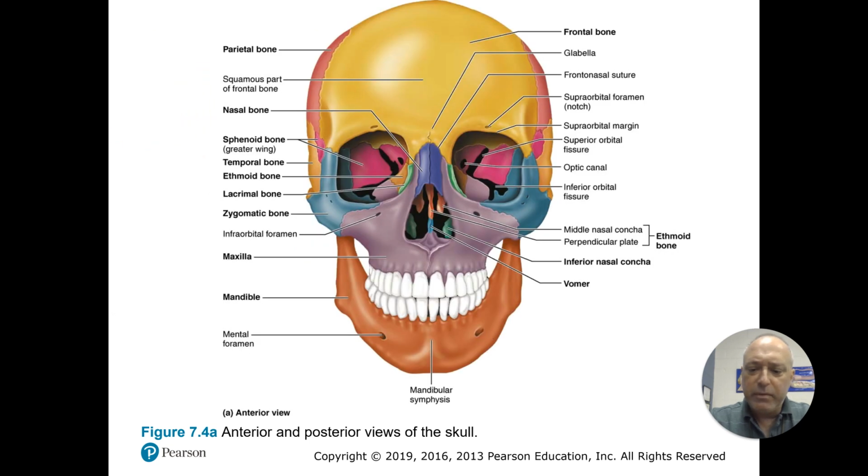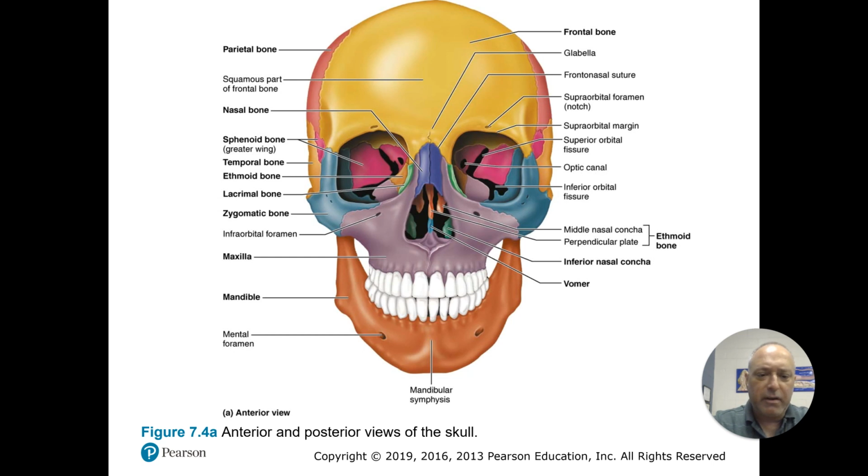Okay, we go back to the anterior view of the skull. We look at the nasal bone, which is the fusion of two bones, and then inferior to that is the ethmoid bone, where you can just see the middle nasal concha, as well as the perpendicular plate.